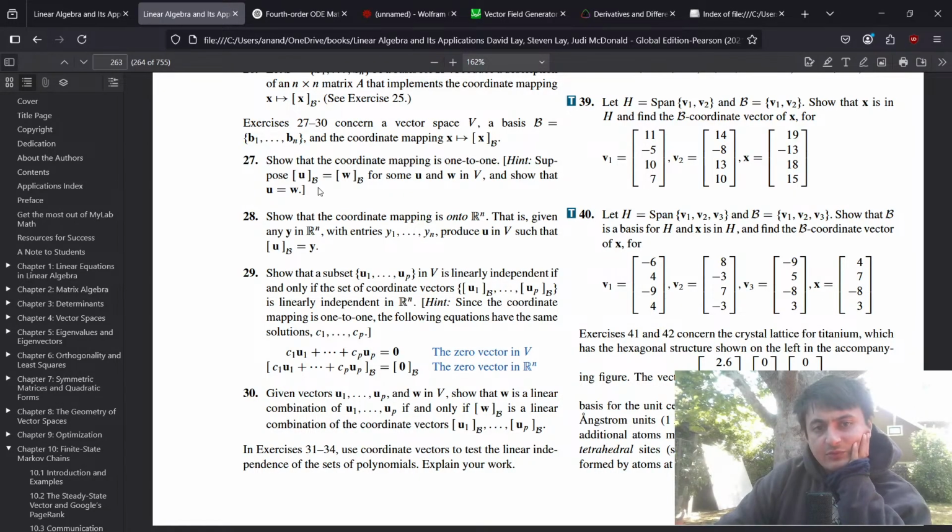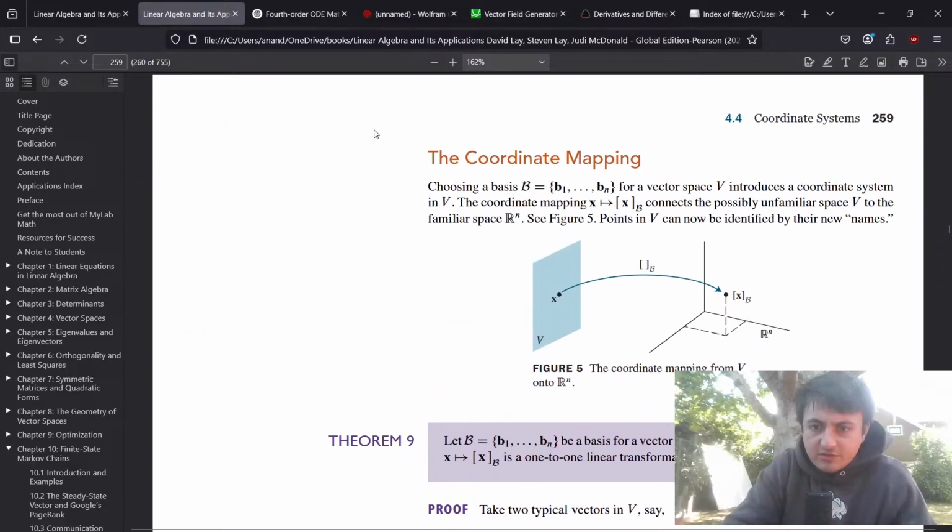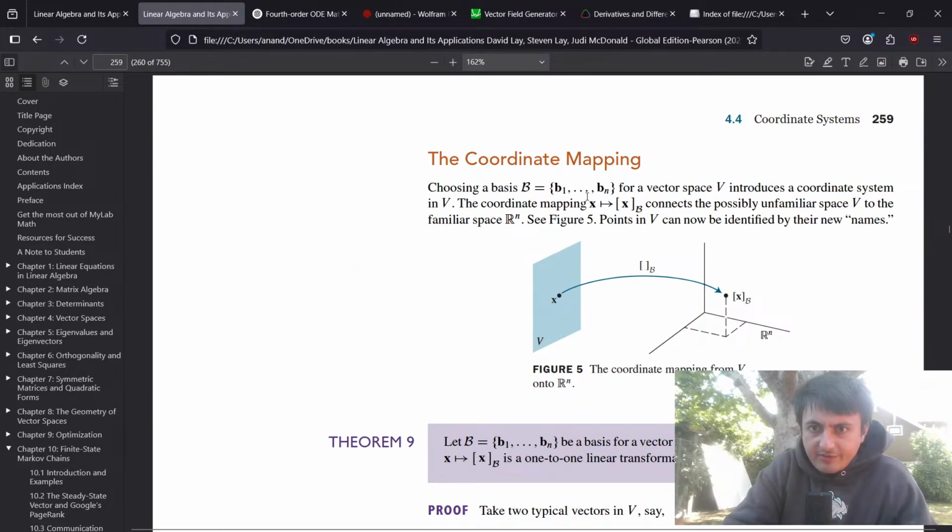Now we want to show... The thing is, what's weird is that X. But B inverse is... Isn't P or P inverse, whatever it's called, the mapping from X to XB.